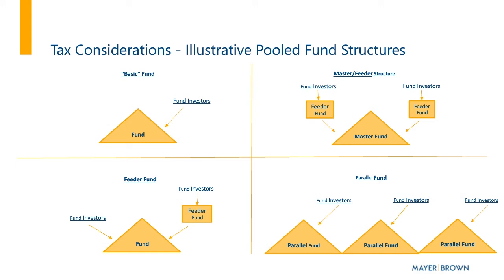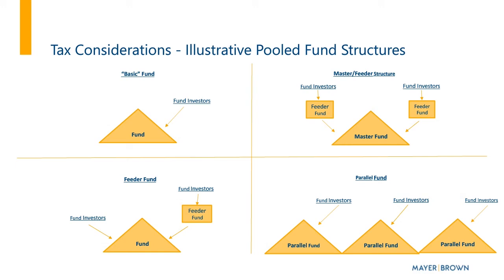And then on the bottom right-hand side of the diagram, we have what we call a parallel fund structure. Here you have fund investors who will come into one of several different fund vehicles that are offered to them.